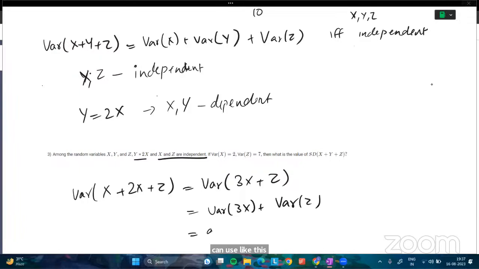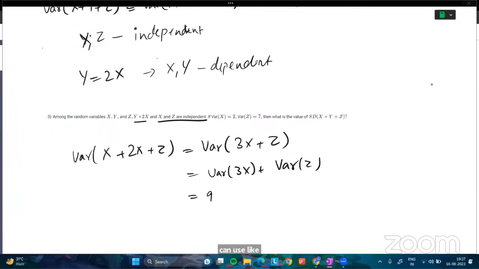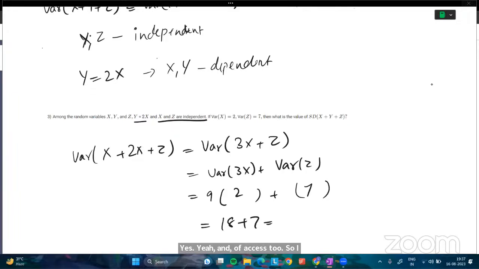Now we can take 3 outside: 9 times variance of x plus variance of z. Variance of x is 2 and variance of z is 7, so we'll get 18 plus 7, 25. So the standard deviation is root of 25, which is 5. Okay, ma'am. Thank you.